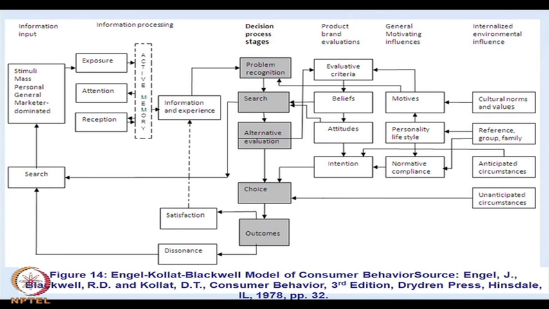Now, EKB, Engel, Kollat and Blackwell, actually proposed that it's not always necessary for a consumer to go through all of these stages of the buying process. It would actually depend a lot upon whether the problem is an extensive problem solving or it is a routinized purchase. So, it's not absolutely essential for a consumer to go through all these 5 stages of the decision making process.